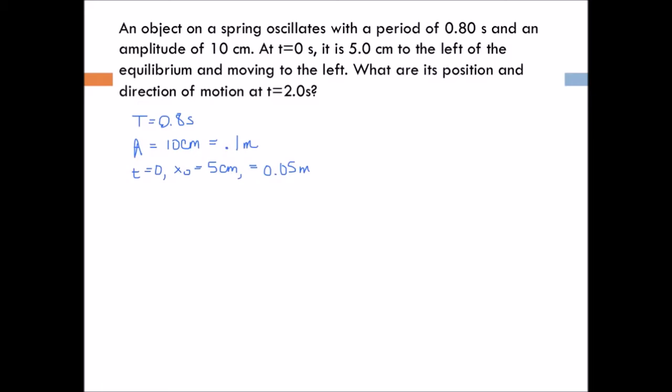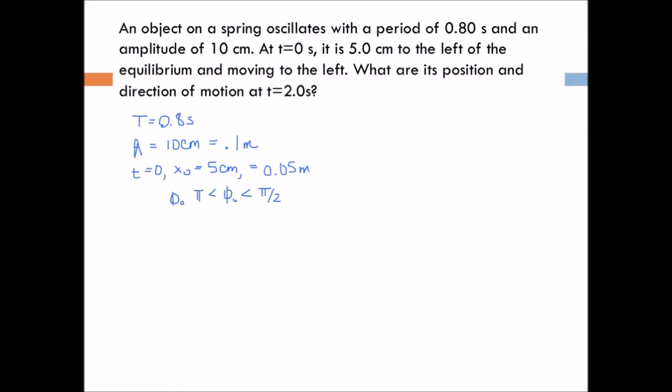Because it's to the left of equilibrium, my phase constant has to be between pi over 2 and pi.